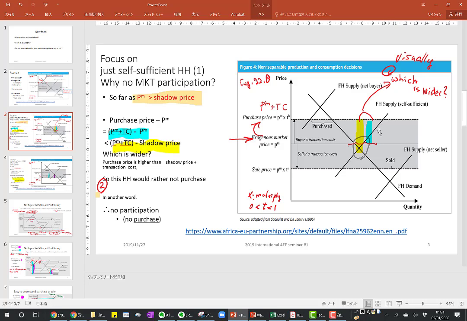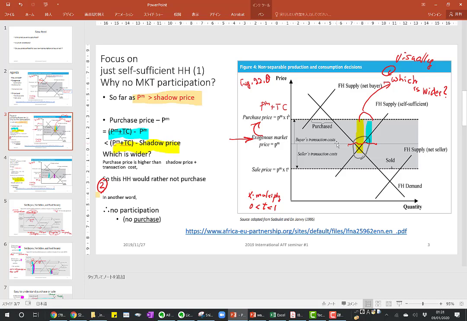And the demand curve is given by the willingness to pay.